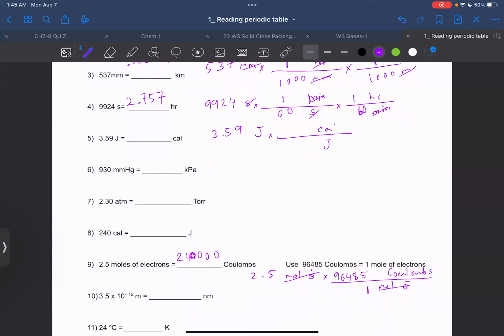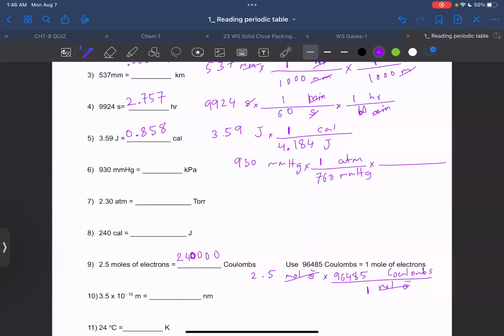Moles to calorie. Okay. 930 millimeter mercury. Millimeter mercury. We're going to go to atm first. Okay, that is 1 atm, 760.